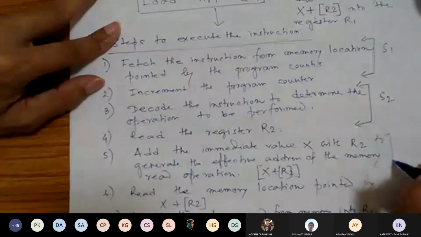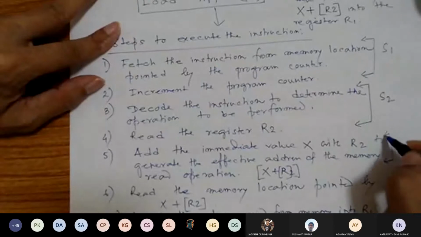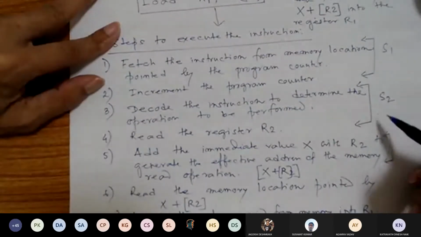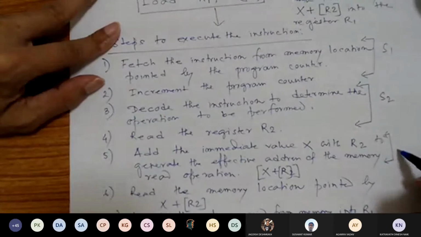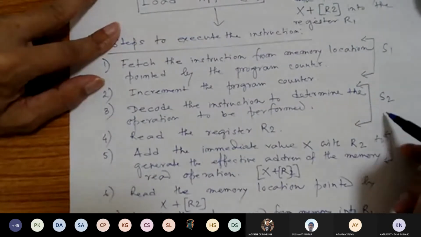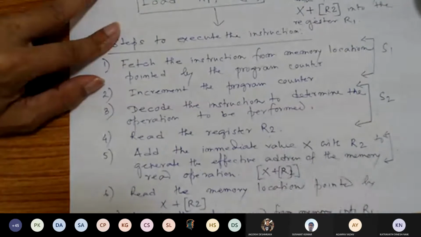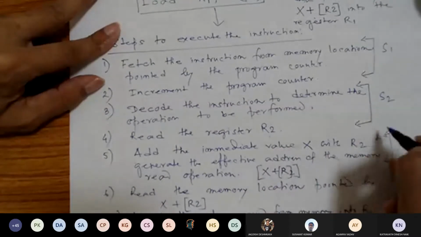The third one is an arithmetic operation, because unless this S2 is completed, you cannot go to S3, because S3 performs the operation. S2 produces the data also, that R2. You require R2. You require X. That will come through S2.